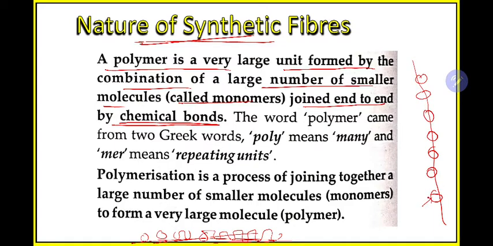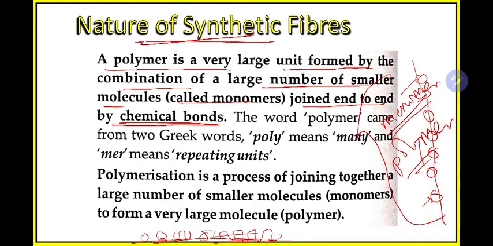Initially one ball was small, but we are joining 10, 100, 2000, 5000 balls. So this is now a large unit. How is it formed? By joining small units. Each small unit is known as your monomer, and all together this long chain is known as your polymer.